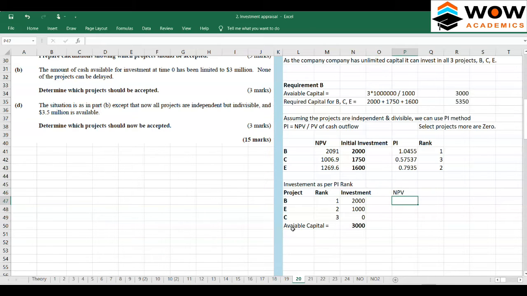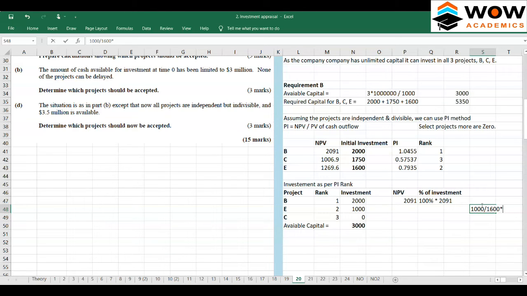See, here we can put percentage of investment. If you see, we can put 100% of the money in the B project, so we'll get the entire NPV, right? So it would be like this: 100% of 2091 NPV we'll get. If we are going to put it in E, we can't put the total amount. In E we can invest only 1000, but in total it requires 1600.